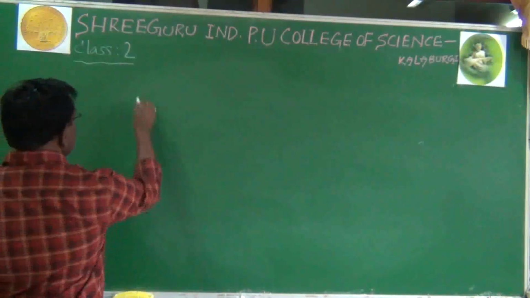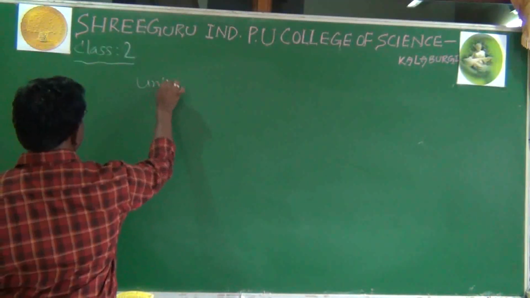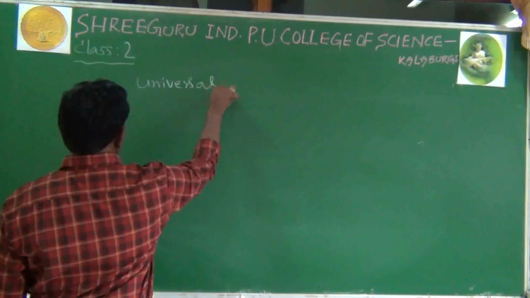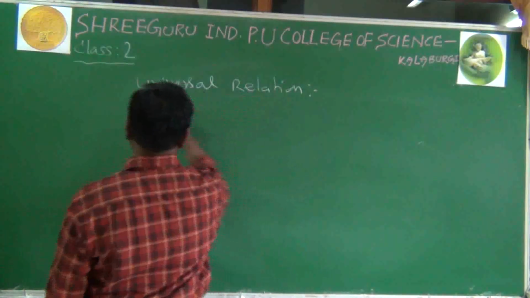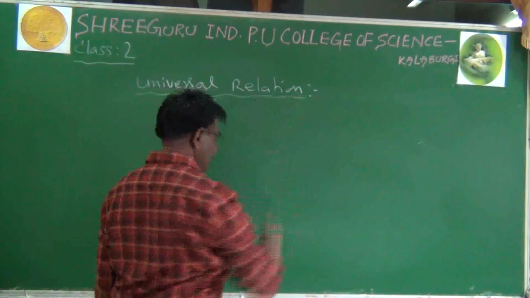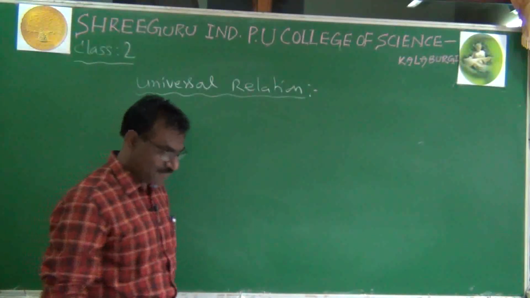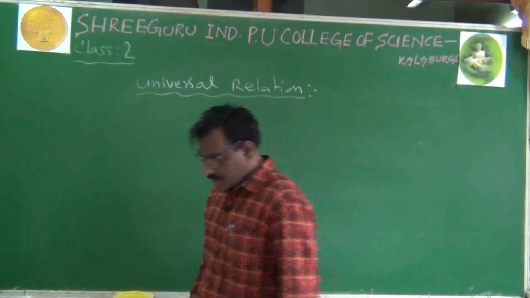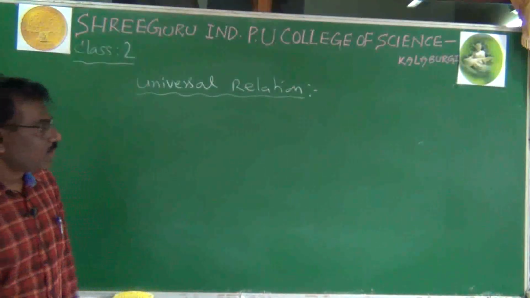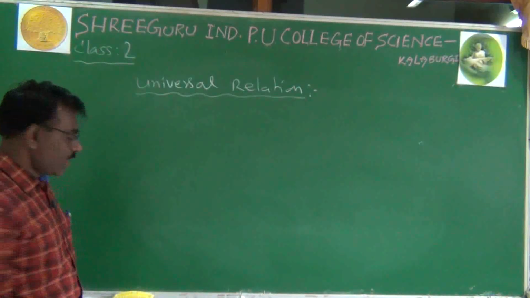Then what is next? Universal relation. What is a universal relation? In the previous one, the empty relation I explained, no?